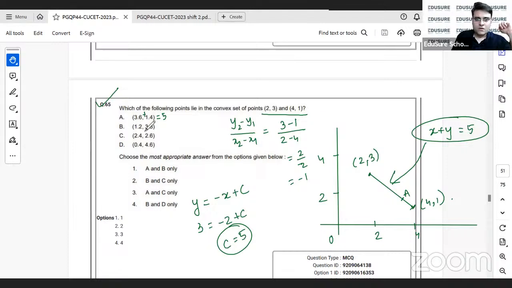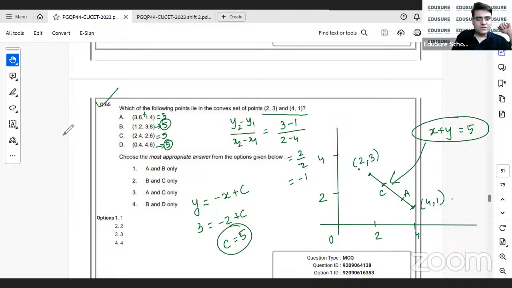That is A. 1.2, 3.8 is not lying on the line. 2.4 plus 2.6 is also lying on the line. This is also summing up to 5. 0.4 and 4.6 are also summing up to 5. So both of these are summing up to 5, but it is not lying on the line. It's lying to the left of the line. Okay. 1.2 will also lie somewhere here.